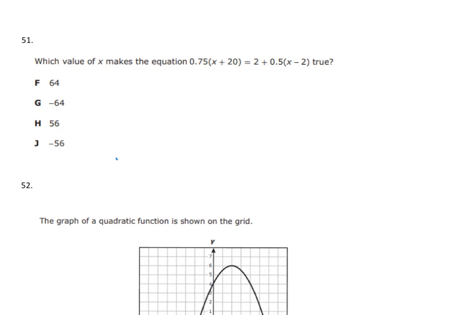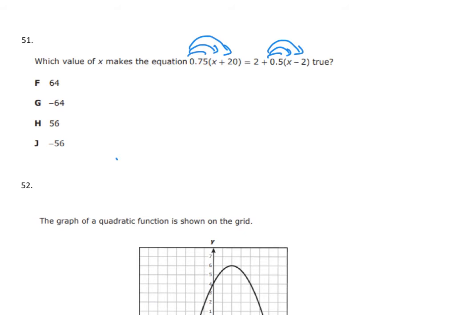First of all, we're going to start with this. So 0.75, we're going to use the distributive property. So 0.75 times x, and then 0.75 times 20, and then we have 2 plus 0.5 times x and 0.5 times 2, right?